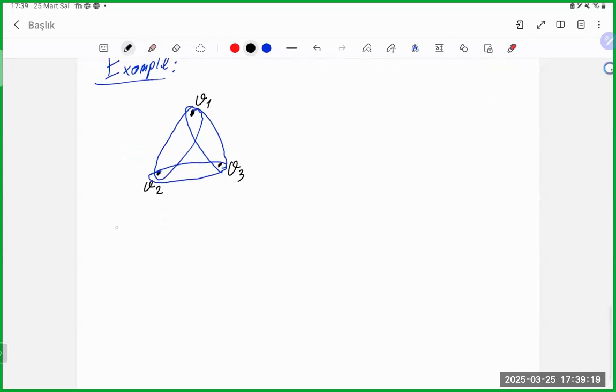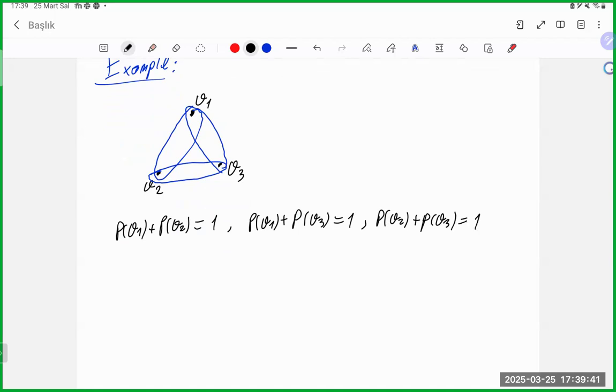So let's write those conditions: p(V1) plus p(V2) is 1, p(V1) plus p(V3) is 1 from this edge, and p(V2) plus p(V3) equals 1.